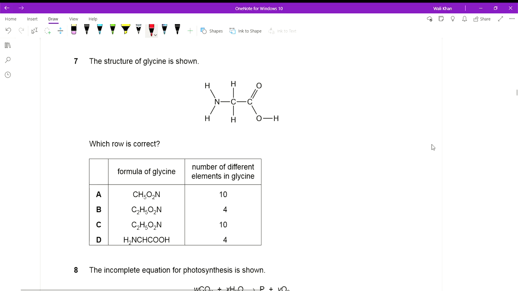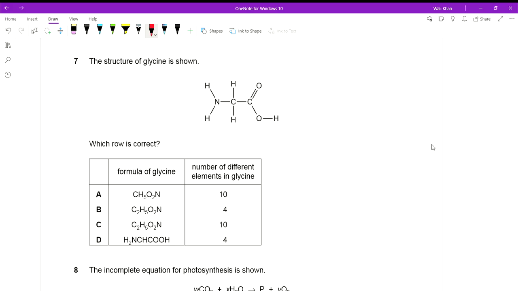The structure of glycine is shown. Which row is correct? Formula of glycine, number of different elements in glycine. So different numbers of elements we have to find out, and formula.